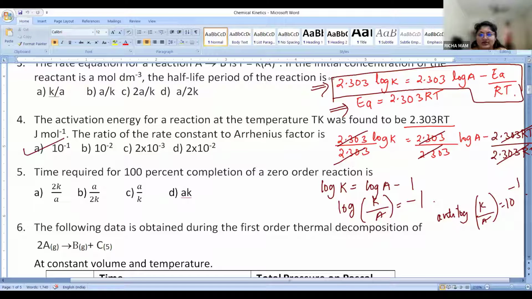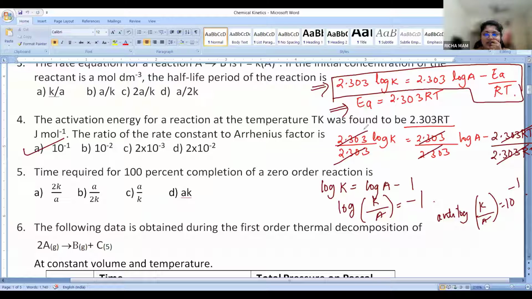Yes. Lubna has answered it correctly. So what all things were given? Activation energy is given. What was the temperature? T Kelvin. The activation energy was 2.303 RT. They have told you to find the ratio of rate constant to Arrhenius factor. So 2.303 log of K is equal to 2.303 log of A minus EA by RT.